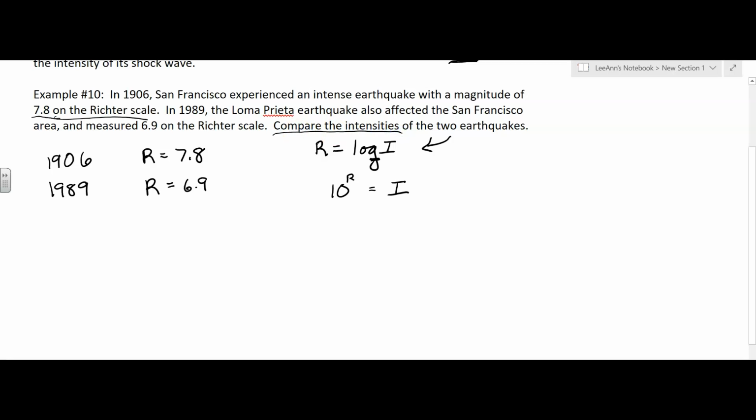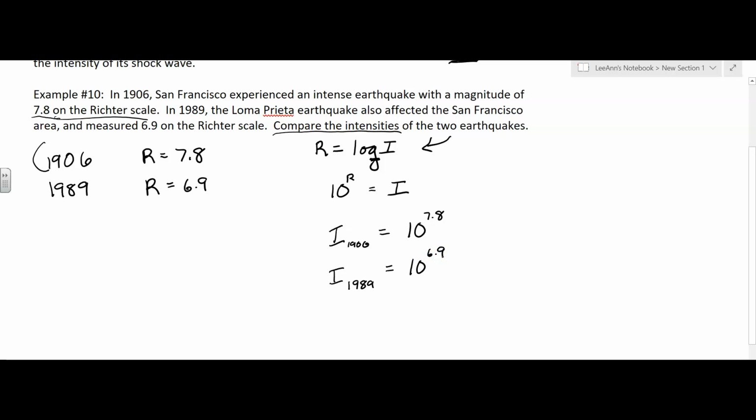Okay, so we're going to take the earlier one, the 1906, and say that its intensity is going to equal 10 to the R, which is 7.8. And then the intensity of the 1989 quake is going to equal 10 to the 6.9.